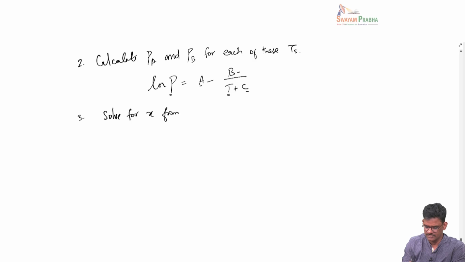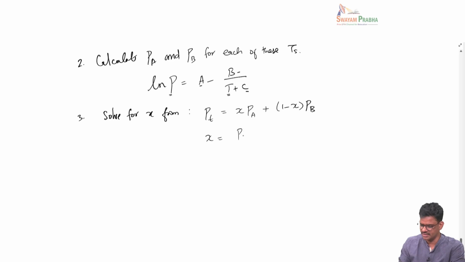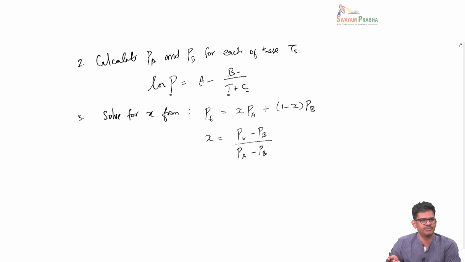We will solve for x from the definition of total pressure, which is PT is equal to x times PA plus 1 minus x times PB. If you solve for x, you will get x equals PT minus PB over PA minus PB. Since we know PT, PA and PB, we can calculate x.